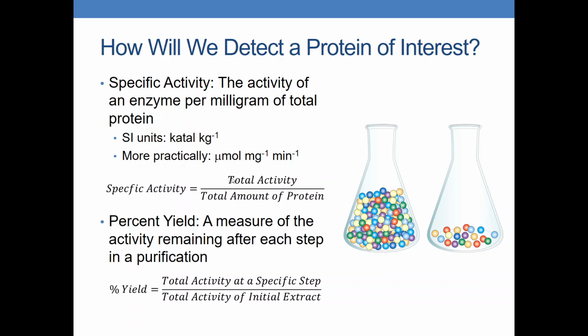So that's how you would get your total activity. And we have just concluded our discussion of how you might go about quantifying the total amount of protein. So these two things together allow you to solve for the specific activity, and this is something that you can use to follow along each step in a protein purification protocol.